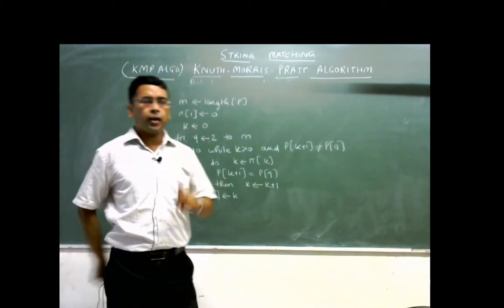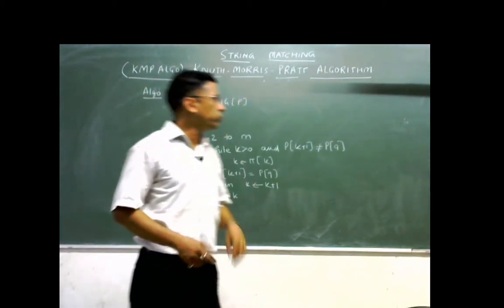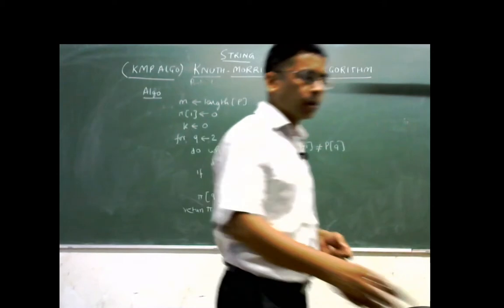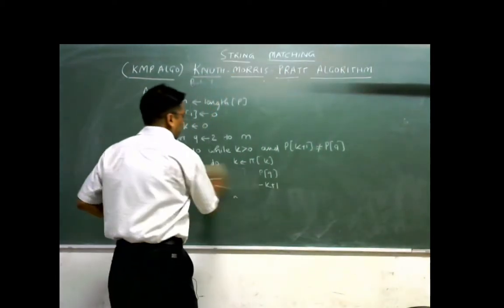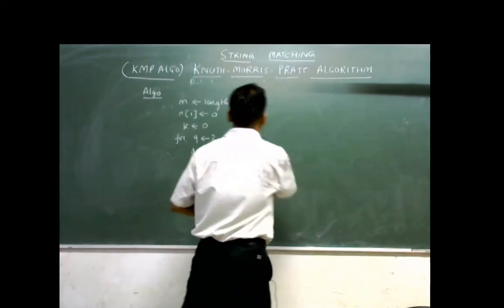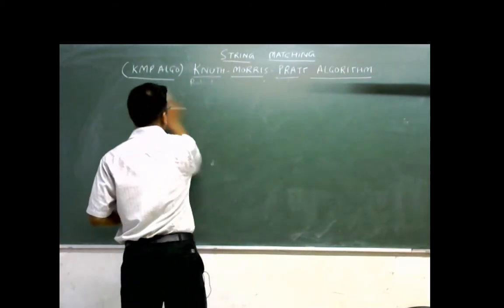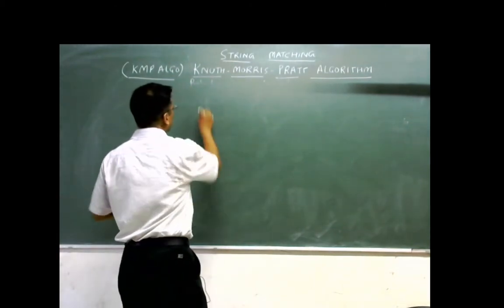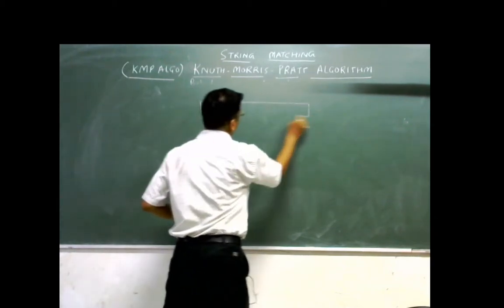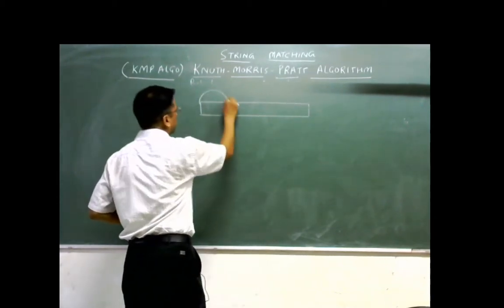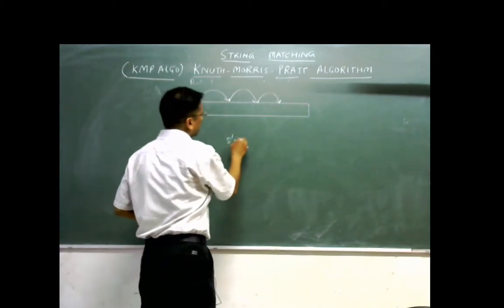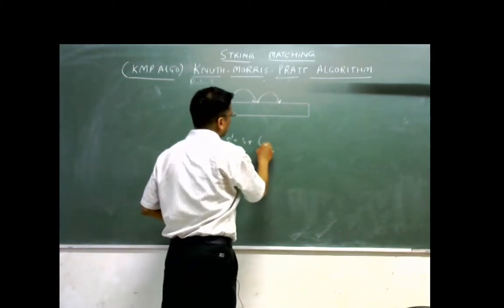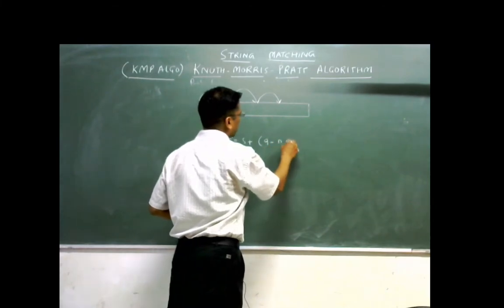So that's all. Now I will tell you how it works. In it, certain shifts are avoided. For example, suppose there is a string, then while matching it jumps over certain positions, like this: s dash is equal to s plus q minus pi q.